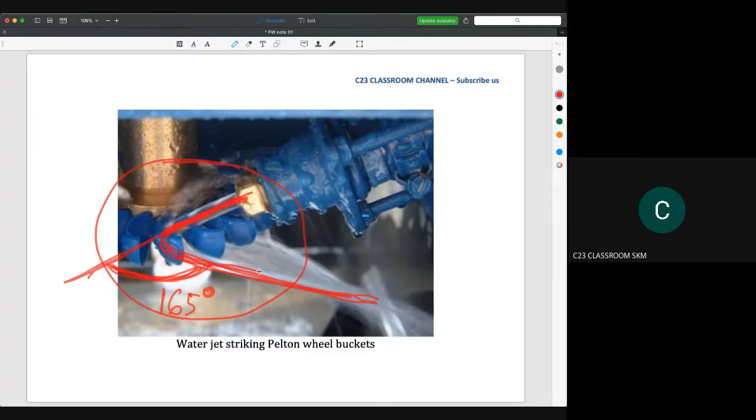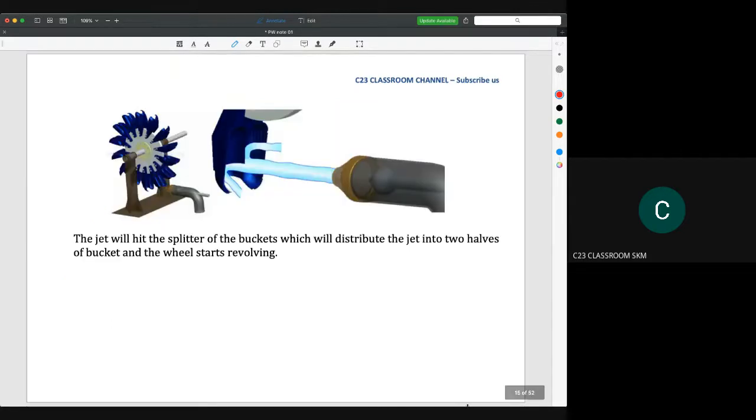And why do we have a splitter, or why do we have a double spherical shape? Let me see another. Okay, so this is the idea. The jet will hit the splitter of the bucket, which distributes the jet into two halves of the bucket, and the wheel starts revolving.